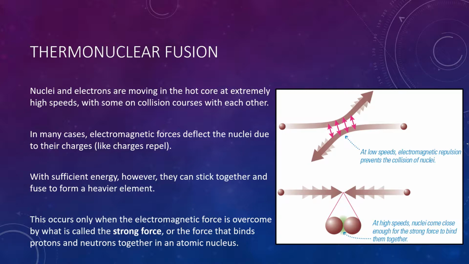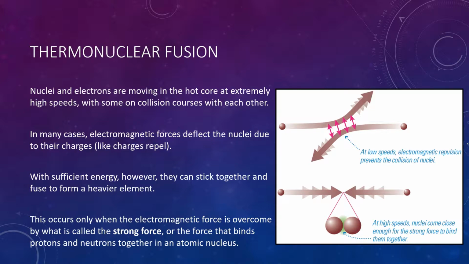At any one time, some of these nuclei are on high-speed collision courses with one another. In most cases, electromagnetic forces deflect the nuclei, preventing their actual collisions, because positive charges repel one another.